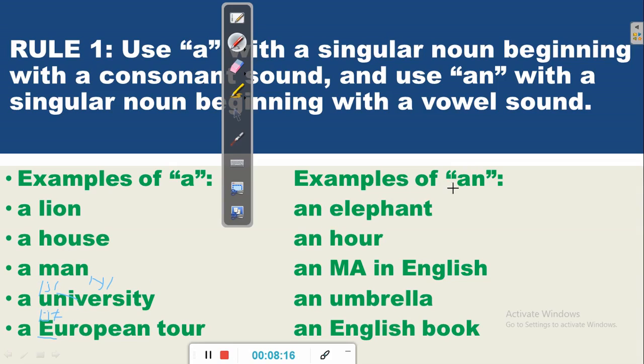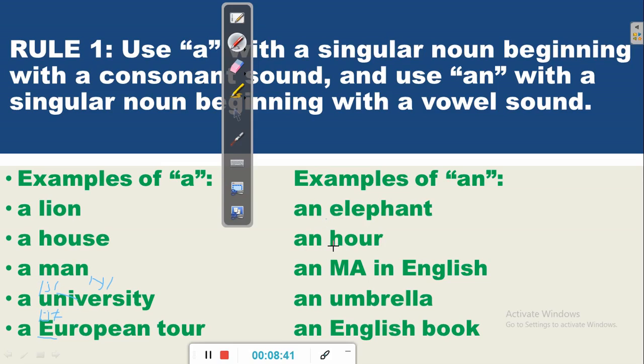Now let's look at examples of an. We look at situations where we have to use the article an. An example is an elephant, because the word elephant begins with a vowel sound. An hour.